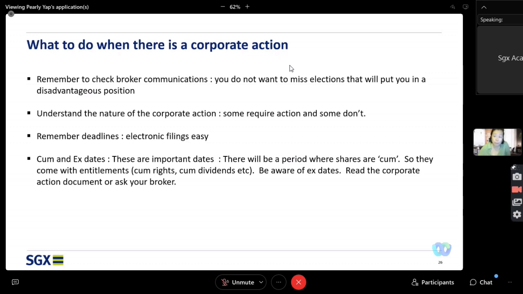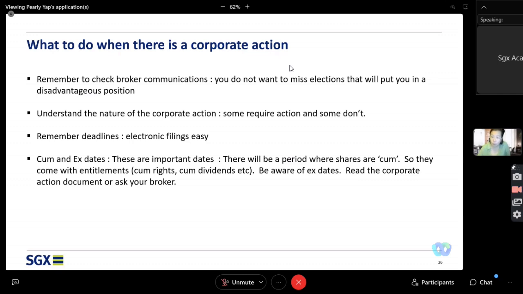Now, remember, there is a turnover time for registration of yourself as a shareholder of a company. In the case of Singapore, it is 2 days. So the day you buy the share, you only become a shareholder at T, which is transaction day, plus 2. I think it's 2 days, if I'm not mistaken.